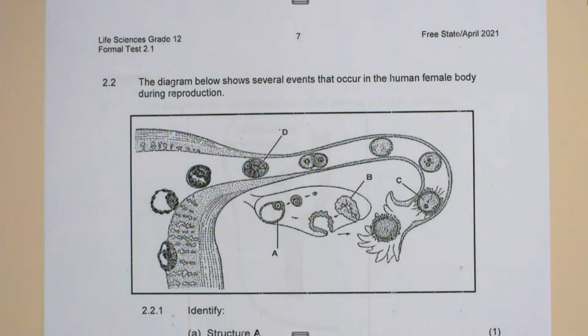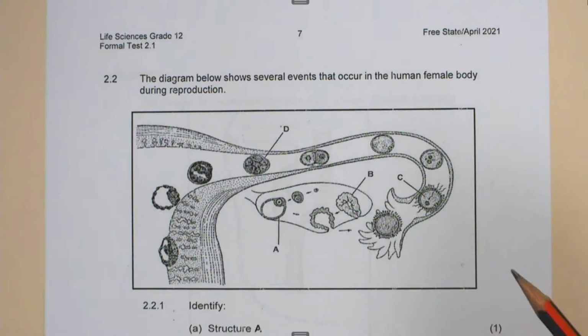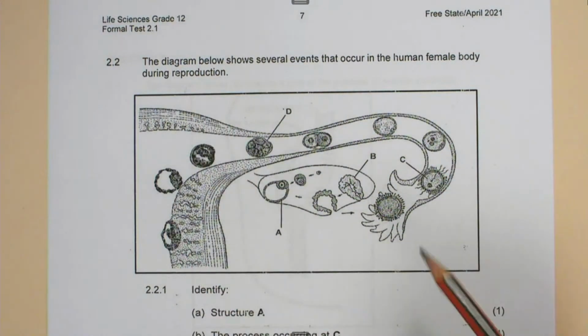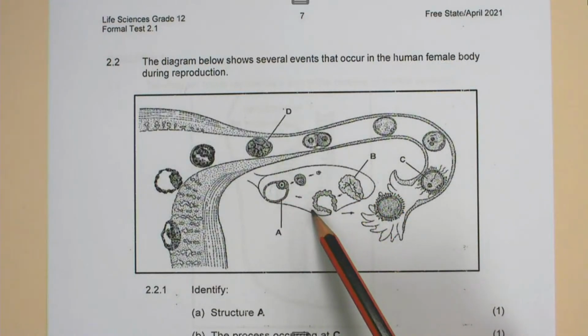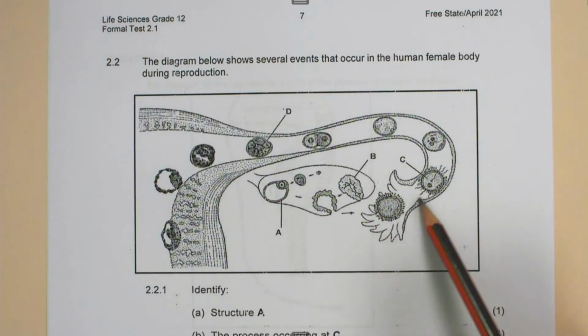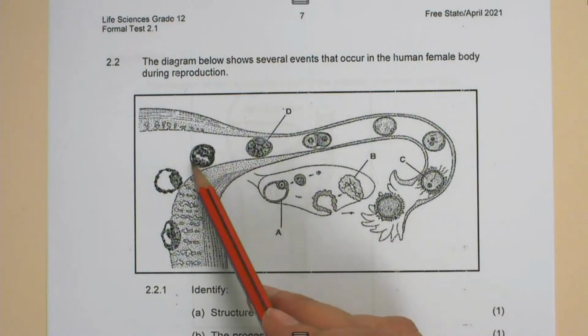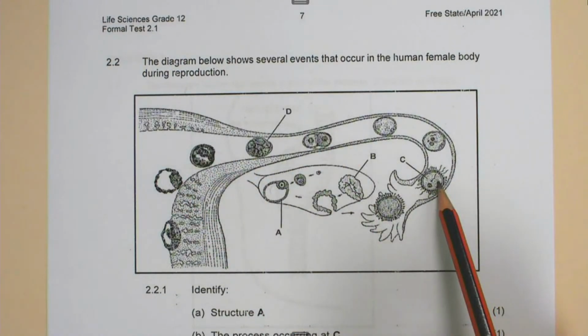The diagram below shows several events that occur in the human female body during reproduction. So the first part is identify structure A. If we have a look at this diagram, we have the ovary there, we have the different follicles in the ovary, and then we have the fallopian tube with the different stages of the development of the zygote.